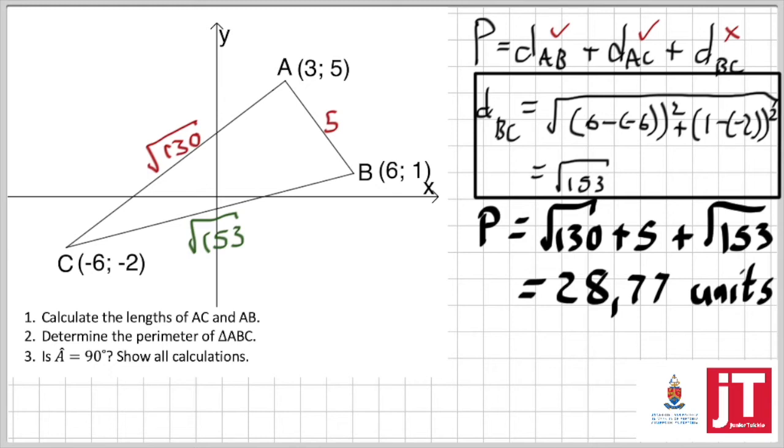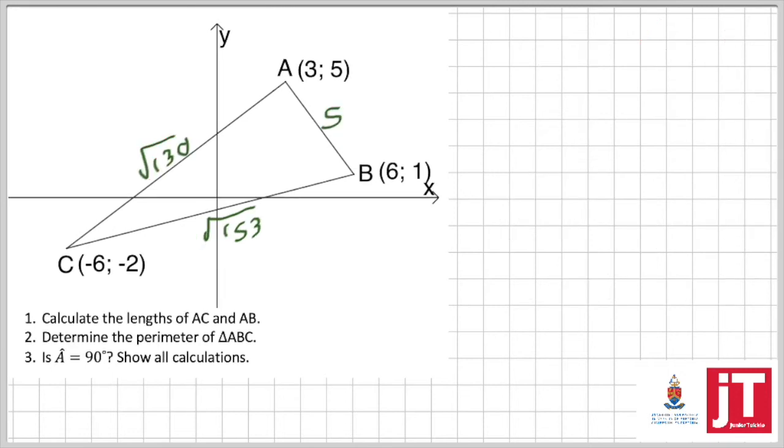But let's now look at question 3. Remember, I now have 4 things at this moment. I've got the length between A and C, or the distance between A and C. I've got the length of the line segment AB, and I've got the length of the line segment BC.